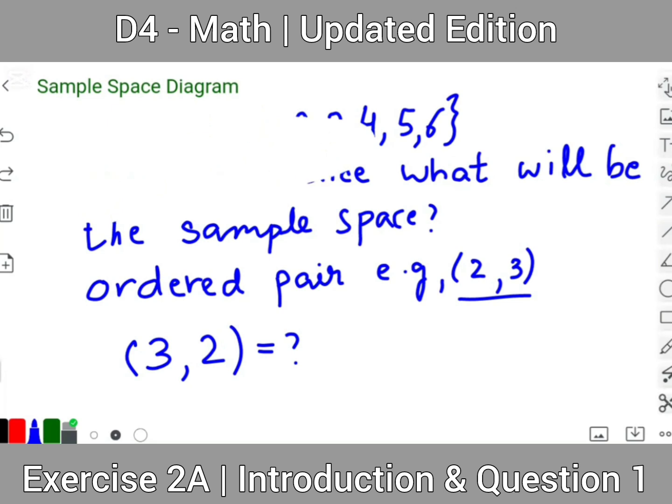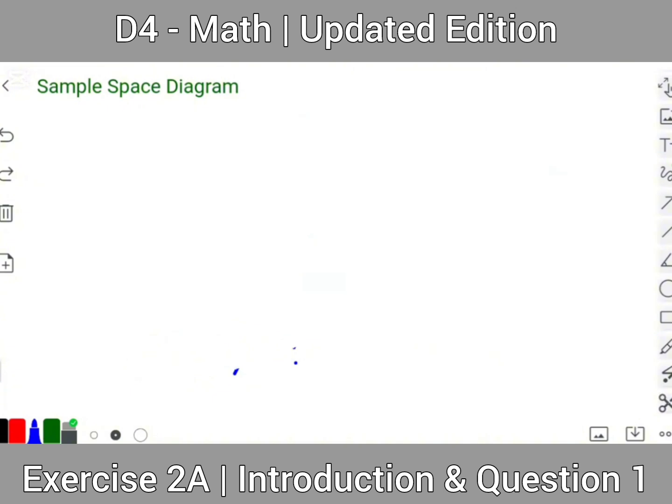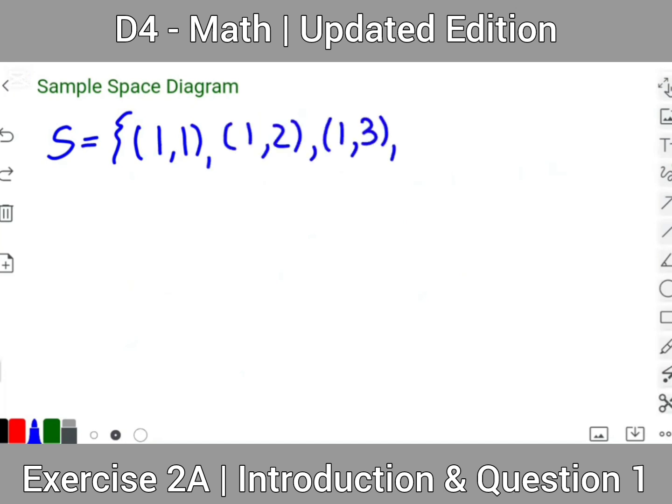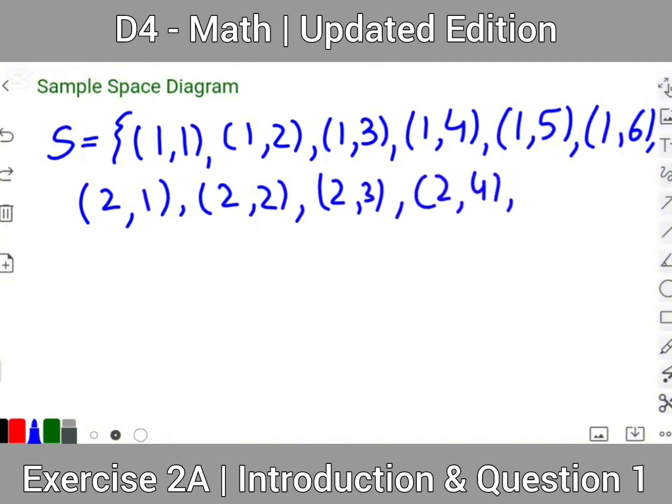The sample space in our case will be 1, 1, 1, 2, 1, 3, 1, 4, 1, 5, 1, 6, 2, 1, 2, 2, 2, 3, 2, 4, 2, 5, 2, 6.